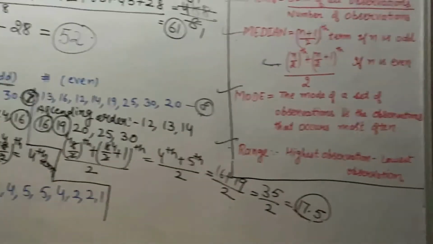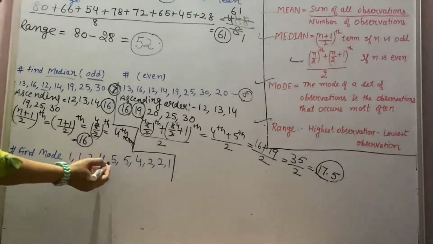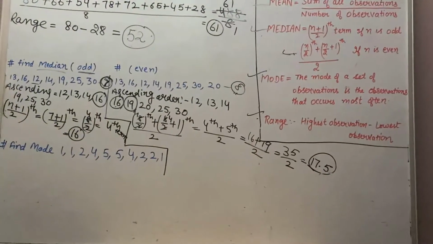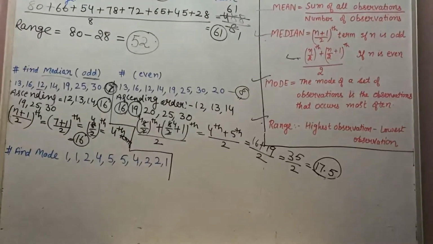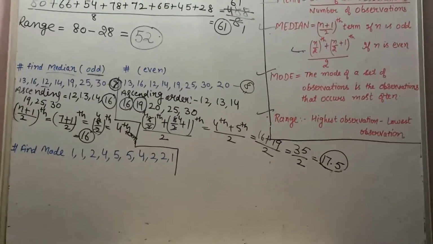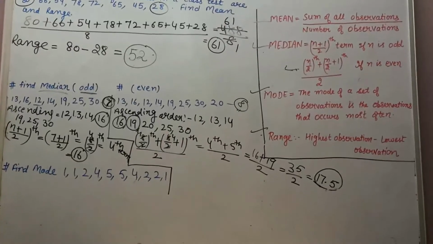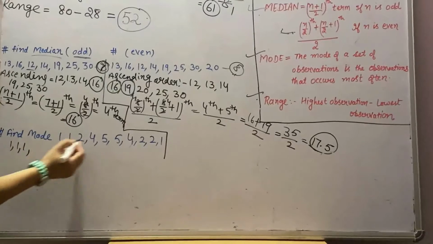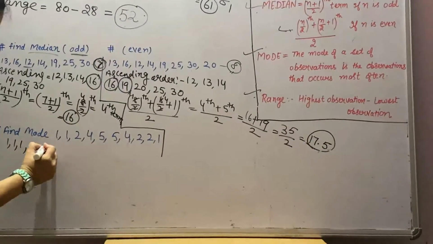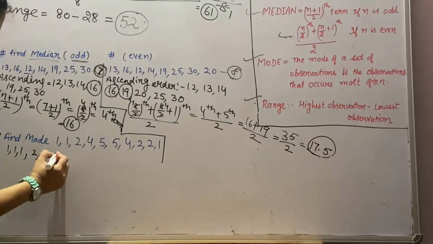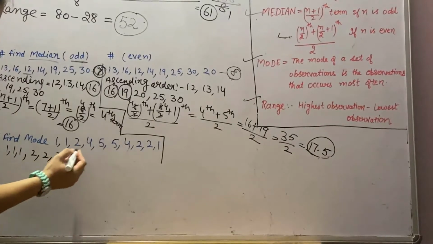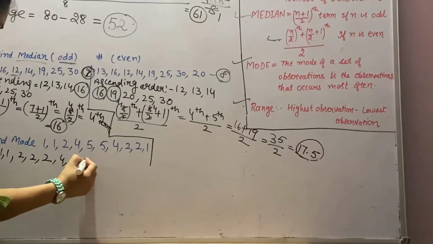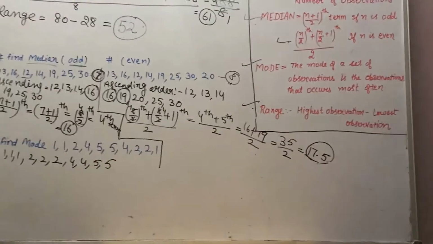See example. Find the mode of 1, 1, 2, 4, 5, 5, 4, 2, 2 and 1. What is the mode? First, we arrange the numbers having the same value together: 1, 1, 1, 2, 2, 2, 4, 4, 5, 5.